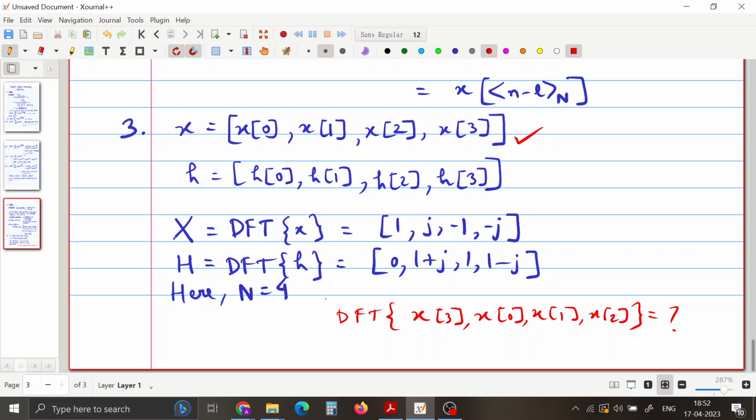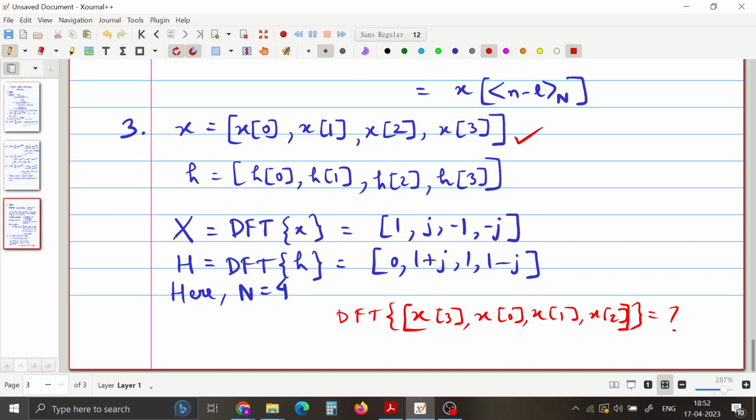But now you need to find the DFT of another sequence. This is the sequence which is similar to our original sequence small x. The only difference is that the order is not maintained. Previously the order was in a proper ascending order, x of 0, x of 1 till x of 3.